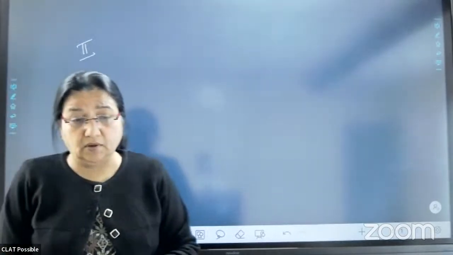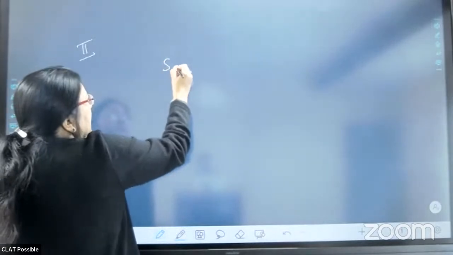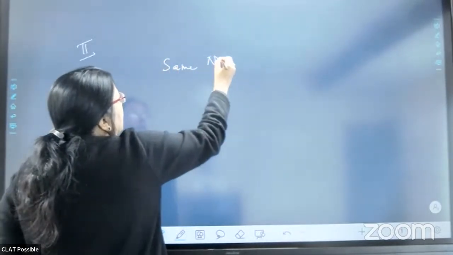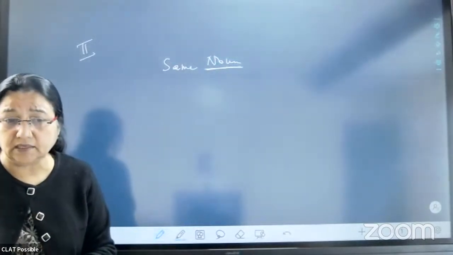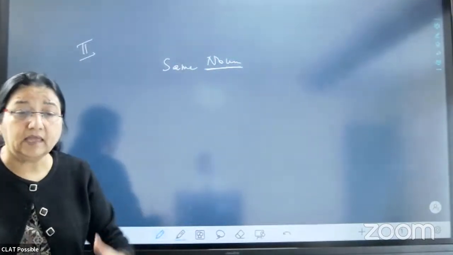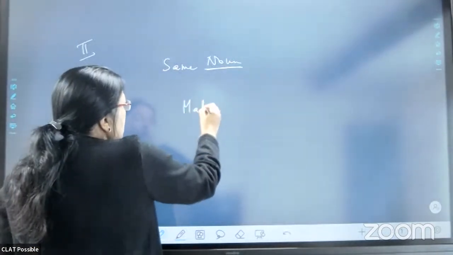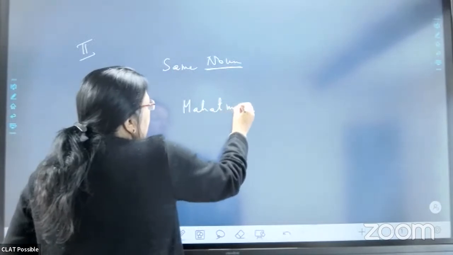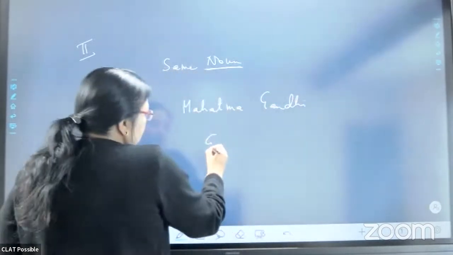there is equally a possibility that there are not multiple nouns given, but the same noun repeated. When I say the same noun, please don't get me wrong. Same noun means the same name is repeated. Now I have Mahatma Gandhi as a full name, then in one of the sentences I have Gandhi.